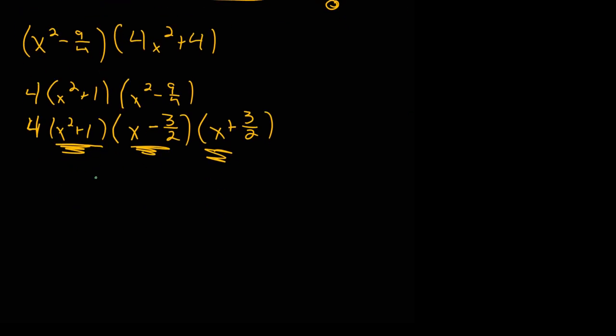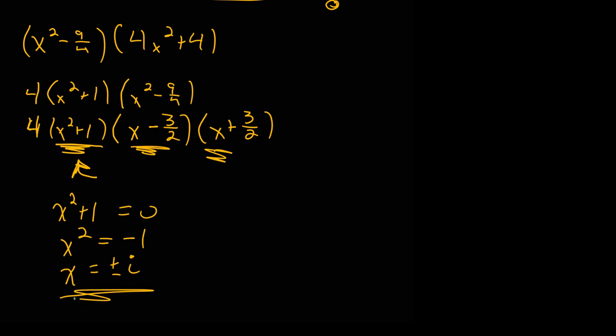And it's this quadratic term that's hiding our imaginary numbers. Because x squared plus 1, if I set that equal to 0, has x squared equal to negative 1, or x is equal to plus or minus i. And there's where my imaginary numbers were hiding. They're hiding in this quadratic term.